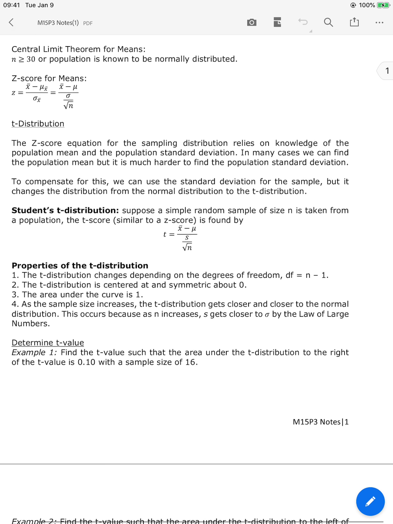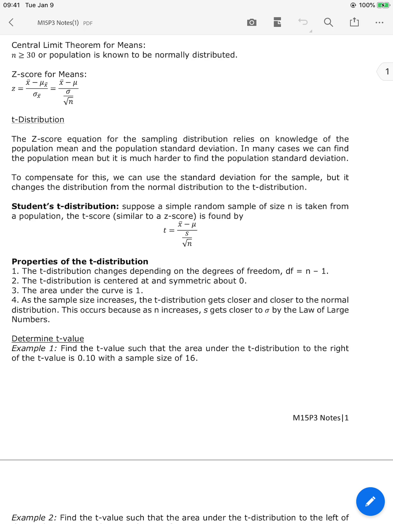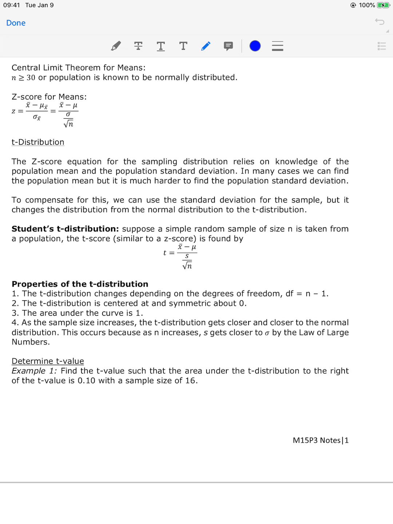So what does this mean? Well, if I draw a normal curve, and I'm going to do it down here because we're not actually going to do this example, it looks something like that. Not exact, but close enough. A t-curve where I take a sample of 30 might look something like this.